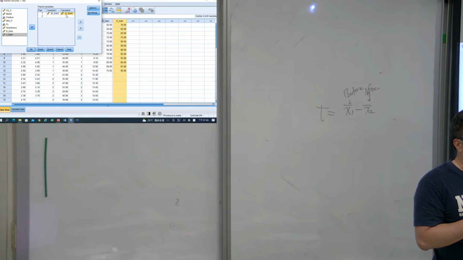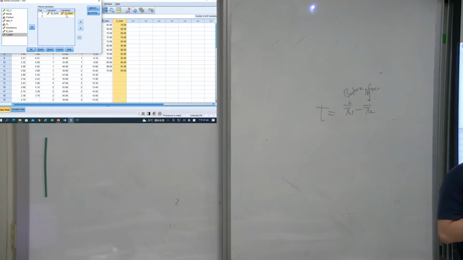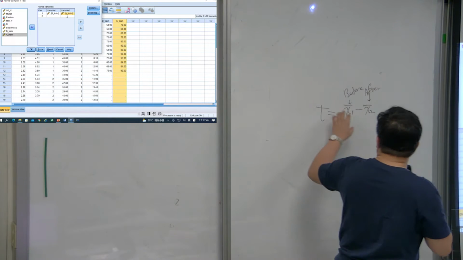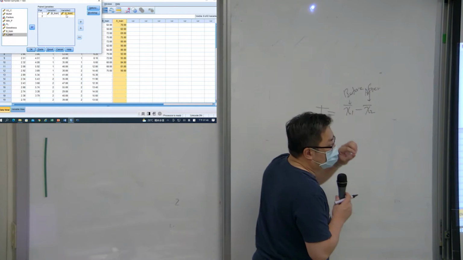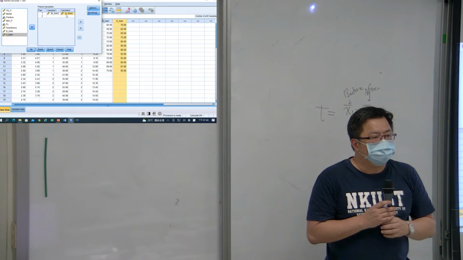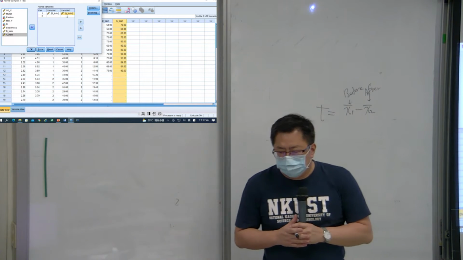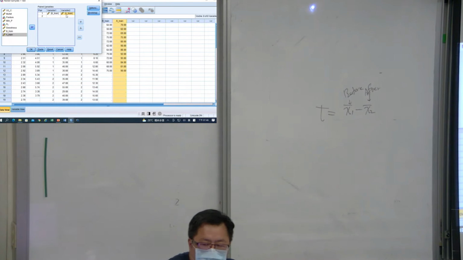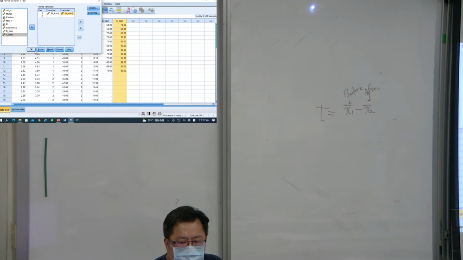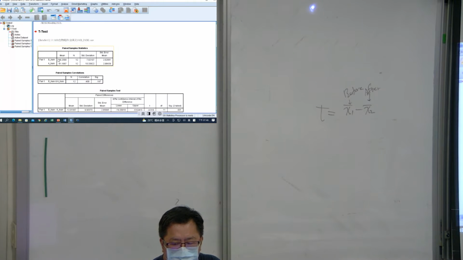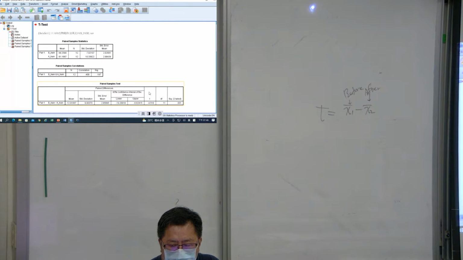Because your score grows. After the training, your score is higher than before, so the t value will be negative. Don't worry about seeing a negative value, okay? Then we click the OK button and we get this.